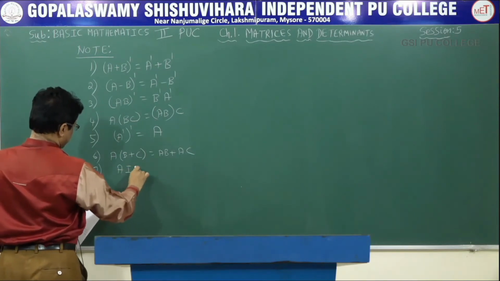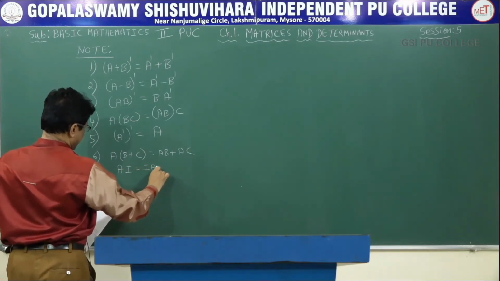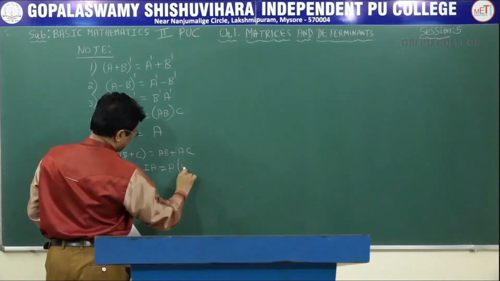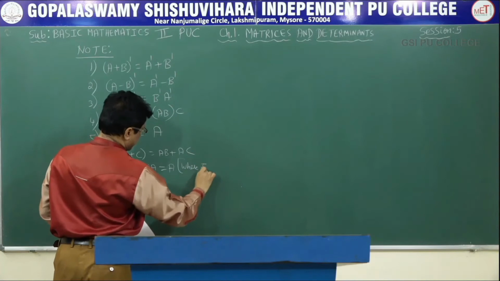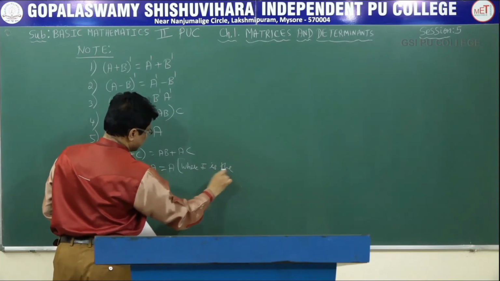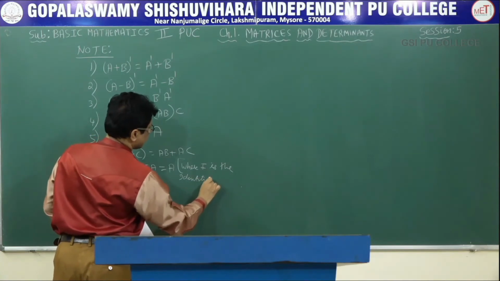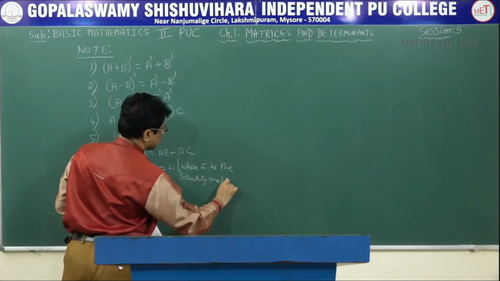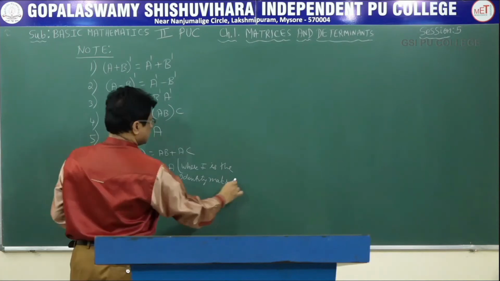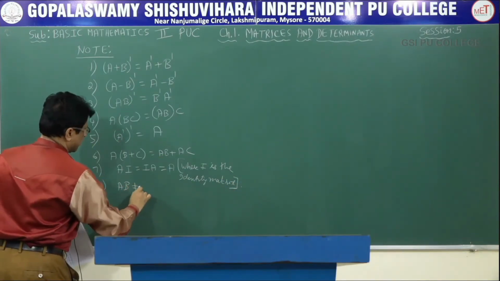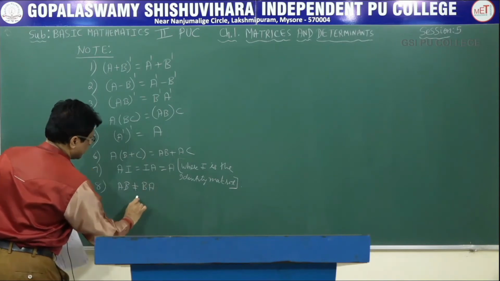A into I will be equal to I into A will be equal to A, where I is the identity matrix. AB not equal to BA.